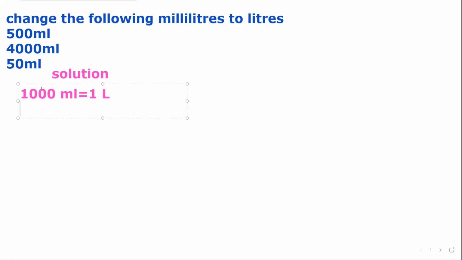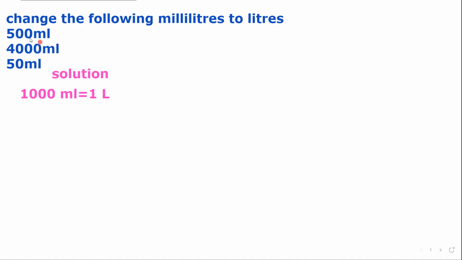Now, because you want to change the 500 mils to liters, you start recording. Once you have stated the standard, which means that every 1000 milliliters is equal to 1 liter.